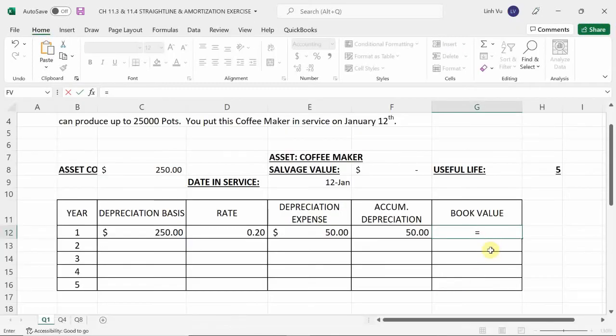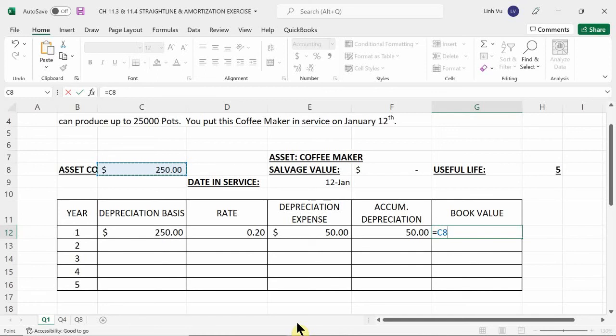So what's my asset cost? What did I buy it for? $250.